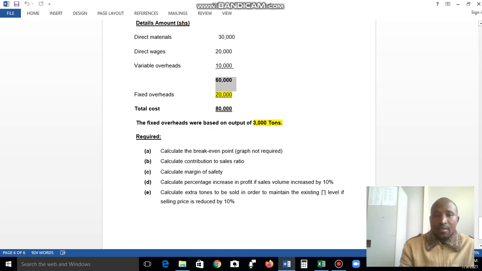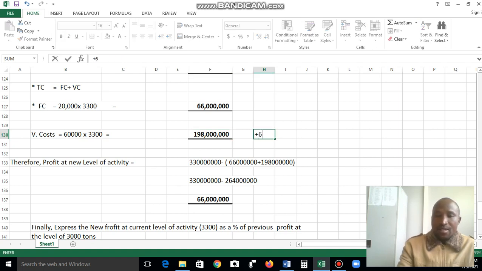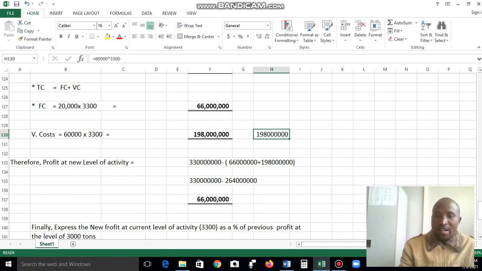So we get 60,000 times 3,300, the new quantity. So we get total variable costs as 198 million. That's how we got this figure.